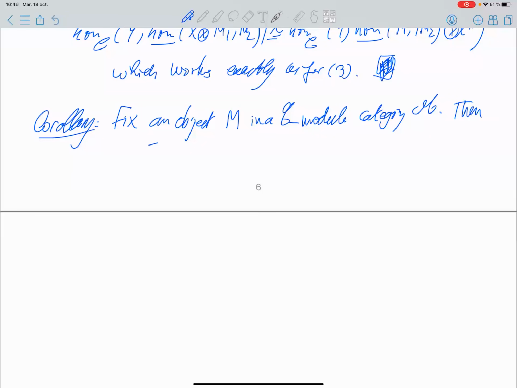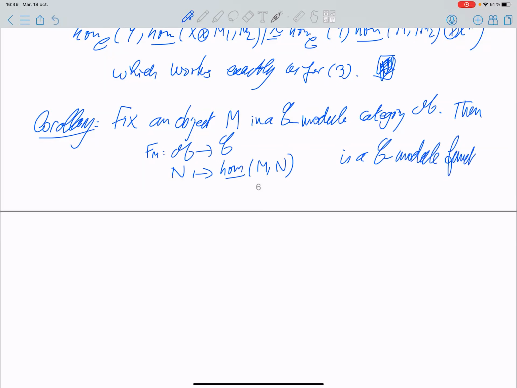So the functor M to C, mapping an object N to the internal Hom from M to N, is a C module functor.